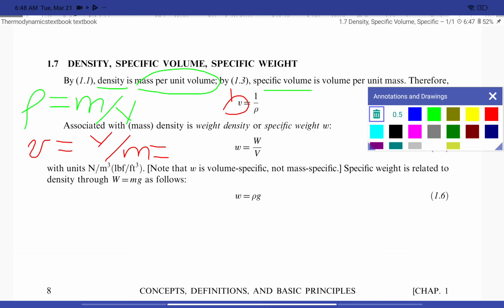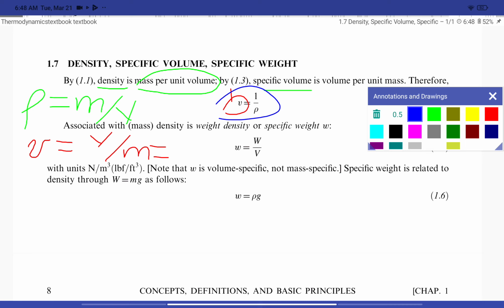So specific volume is the reciprocal, the inverse of your density.